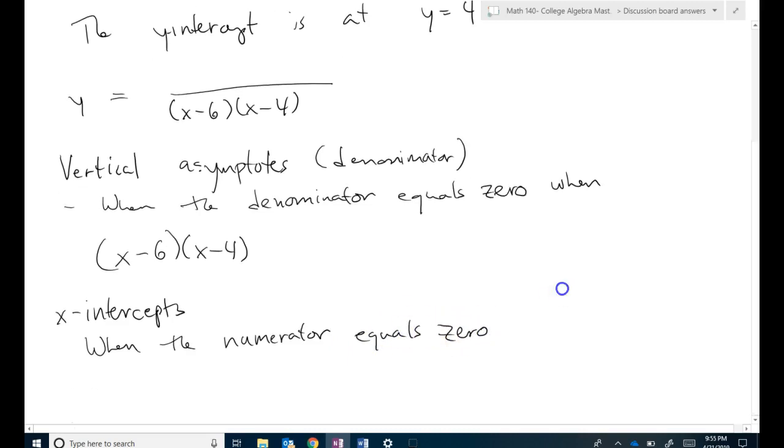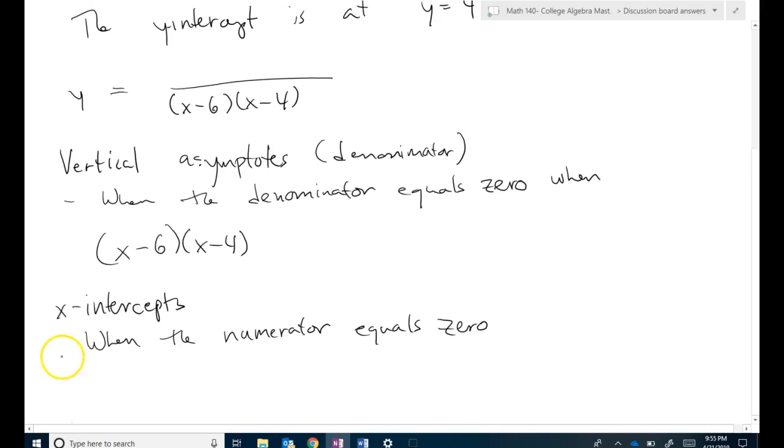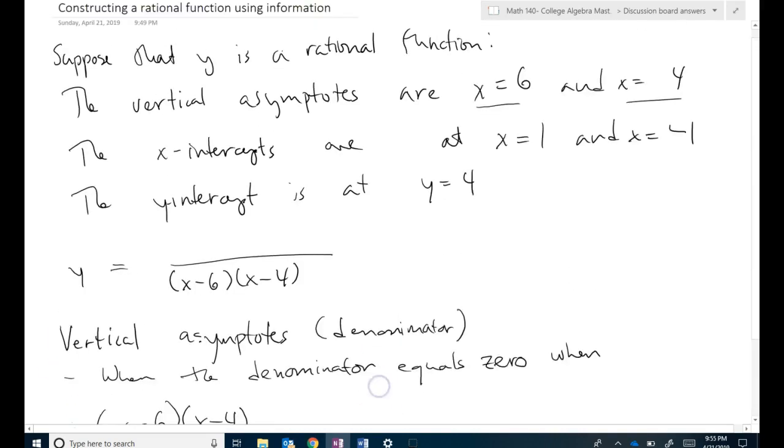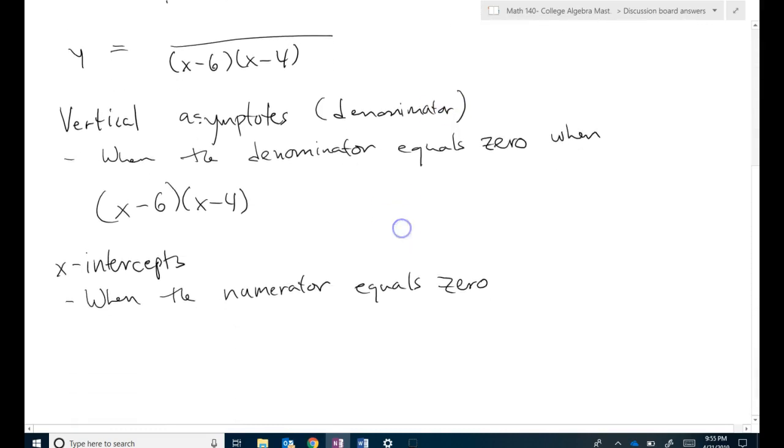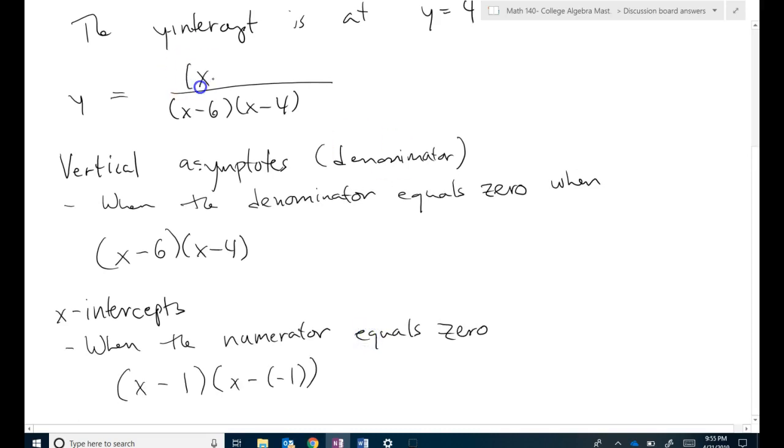So consequently, we'll get the numerator equaling 0 when we have linear terms for those values. So that's going to be x minus 1, so that's the positive 1, and x minus a -1, for the -1, or x minus 1 and x plus 1. So there it is, we have x minus 1 and x plus 1.